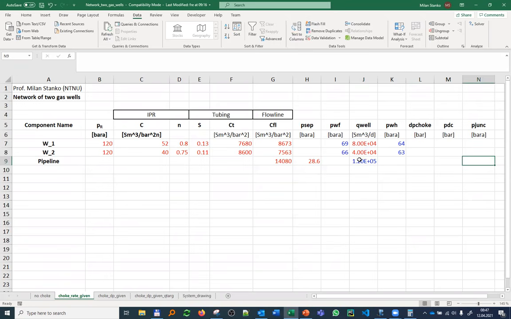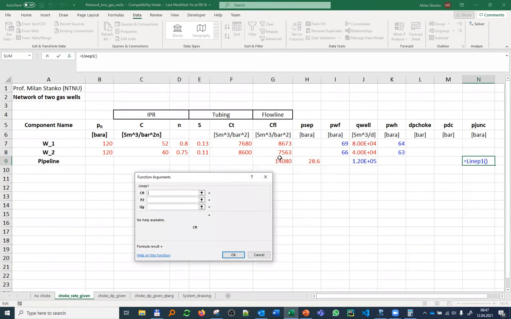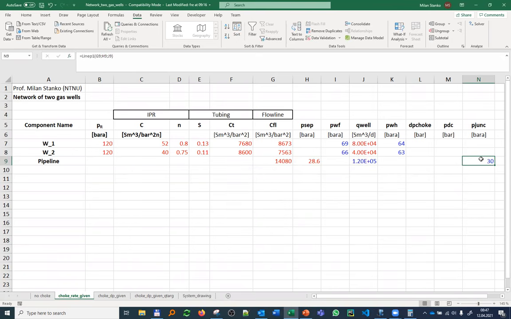And then I'm going to use line P1 in this case. I want to know the inlet pressure to the line, and the C of the flow line, the P at the end of the flow line, and the Q. Now I make this equal because both wells will have the same pressure.